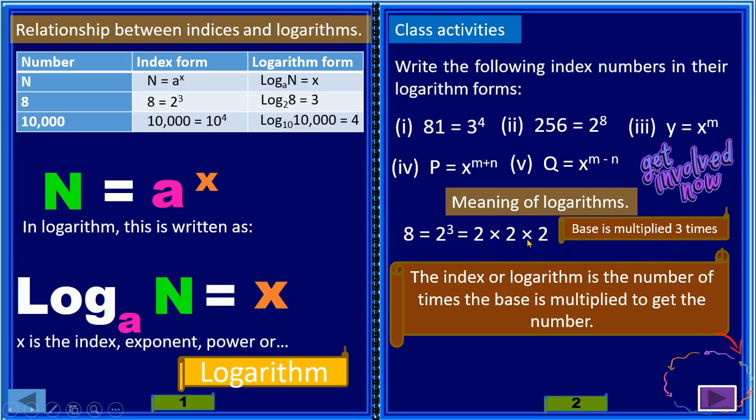The 2, the base, is multiplied 3 times to get the number 8. If you take the example of the number 10,000, the base 10 is multiplied 4 times to get 10,000. Therefore, we can say that the log of a number is how many times the base is multiplied to get the number.